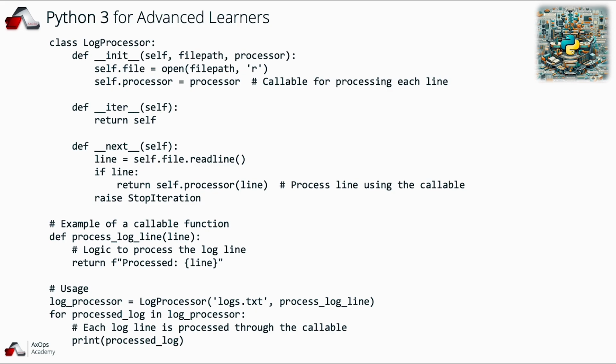You then have a function called process_log_line. And finally, you have a variable declared called log_processor, which is essentially instantiating the LogProcessor class with the file name where the logs are stored and the actual function being passed as the second argument. As each log is returned by the process_log_line function, it is then processed within the for loop you can see at the bottom of your screen.